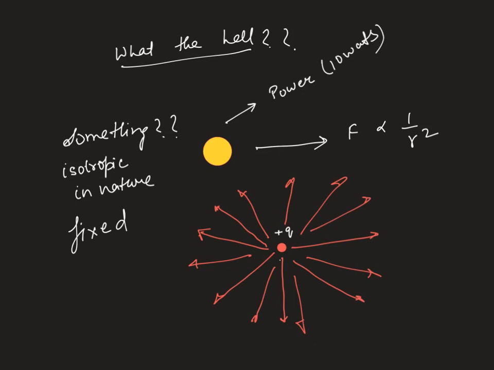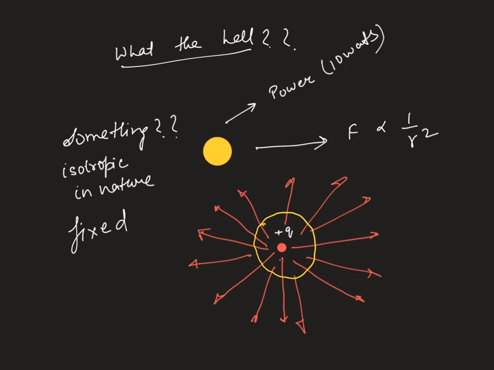Now, as that something starts to distribute in its surrounding space, first it is here, and then it moves out, and then it moves out further, and then it moves out even further more. And as it starts to distribute itself in the surrounding space, we see that the something is fixed.